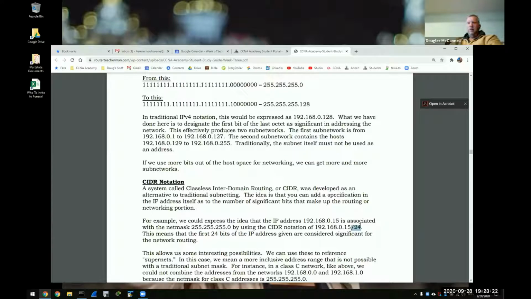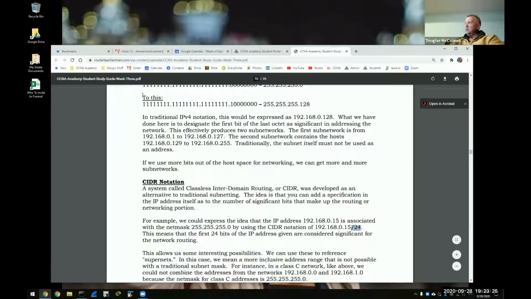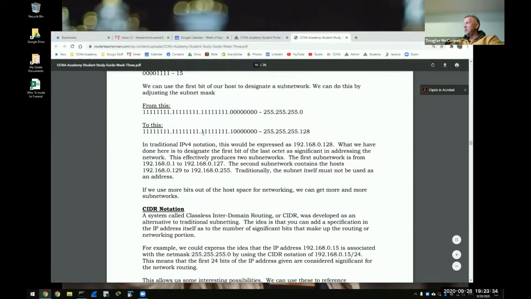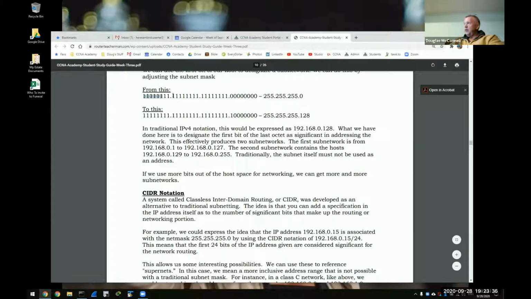Well, what does the 24 mean? It means that for a 255.255.255 network, the first 24 bits are on. That's all it means. So /24 means these first 24 bits are on.